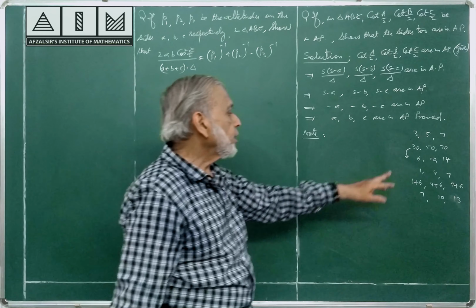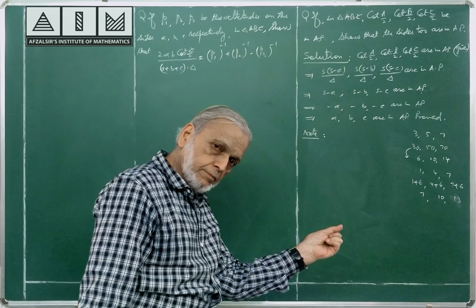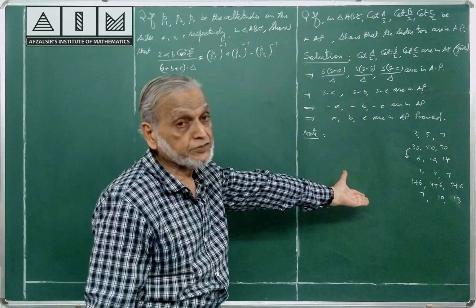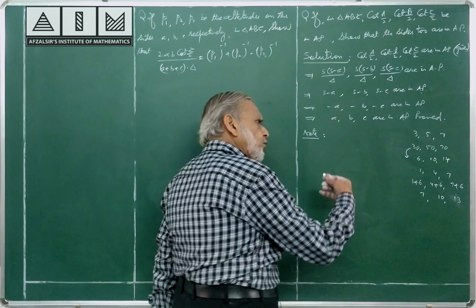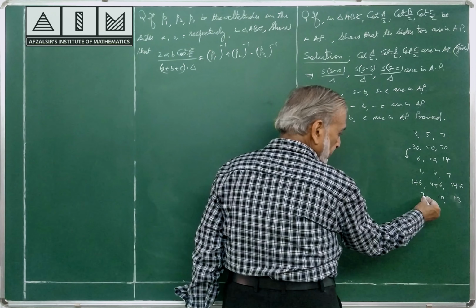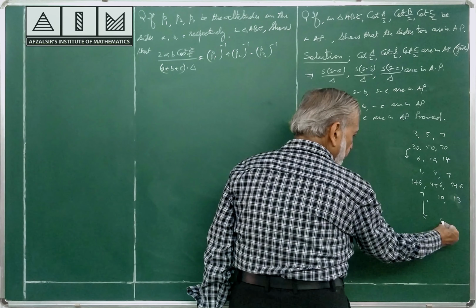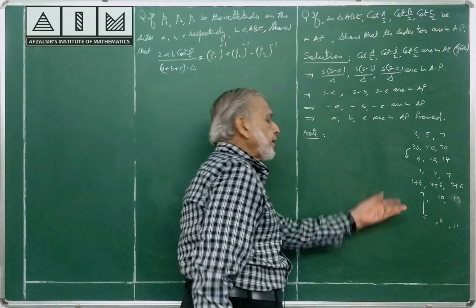It means if you add a constant number to the terms of an AP, the resultant series will still be in AP. Same thing with minus also, with multiplication also. Suppose you are subtracting 2 from here, subtracting 2 from here, subtracting 2 from here, you can see it is still AP.